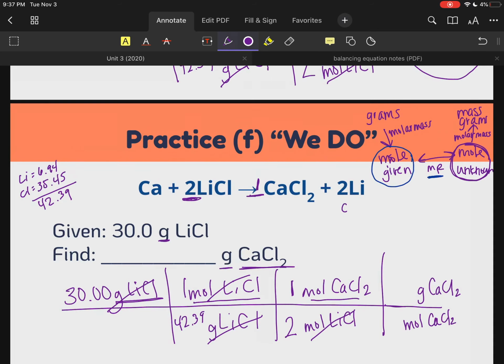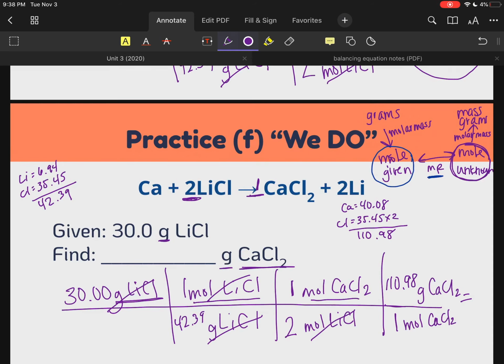How am I going to find my grams? Well, calcium is 40.08. Chlorine is 35.45, but remember there's 2 of them, so I have to add that in there twice. I'm going to type that in my calculator and I get 110.98. Remember, molar mass is always equal to 1 mole.